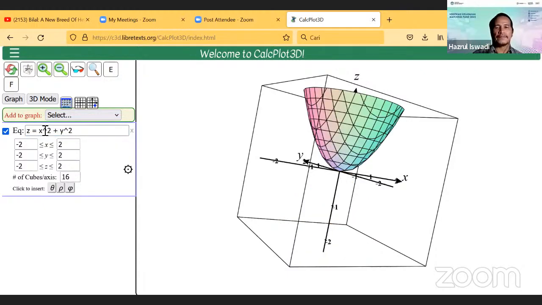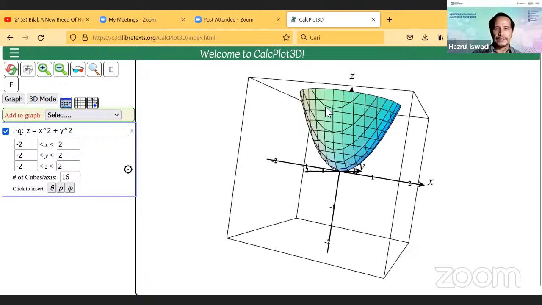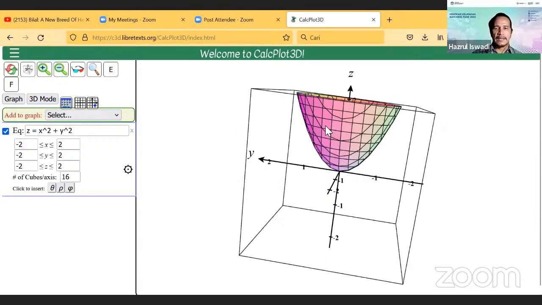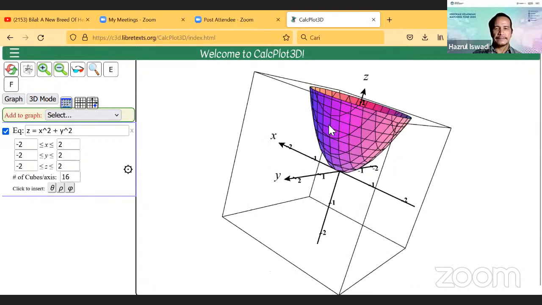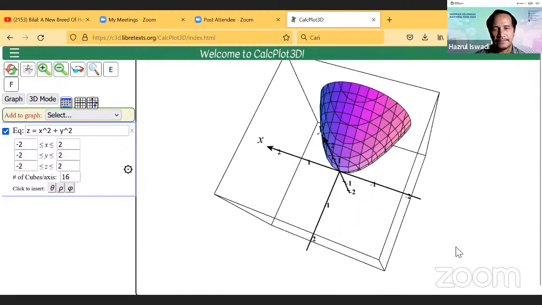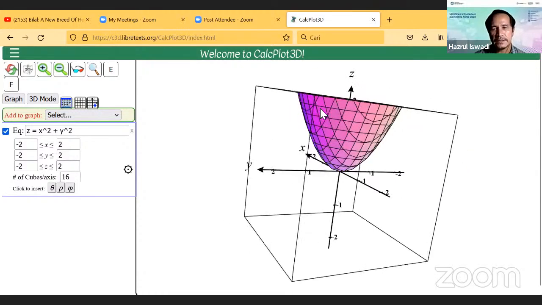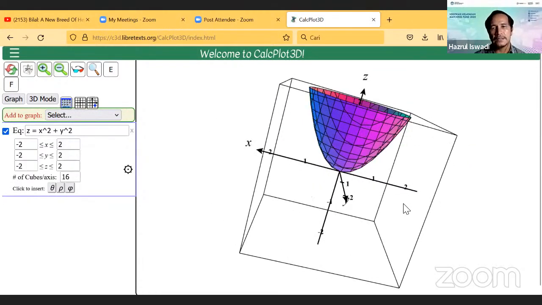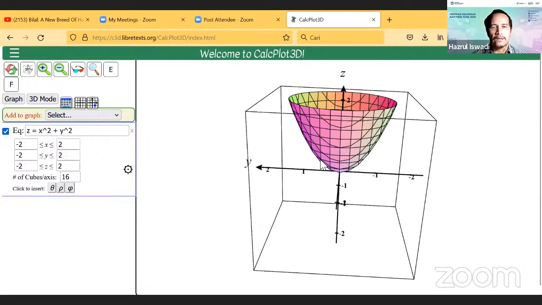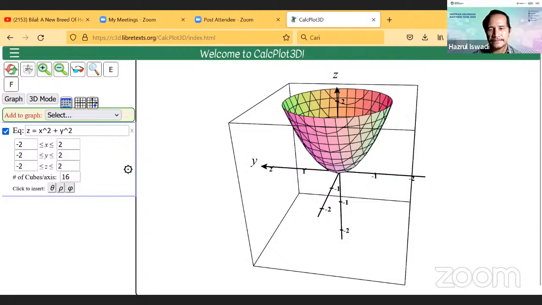Then we will have the paraboloid in the opposite direction. Okay, I hope this picture is clear for you, and you now know the surface well.